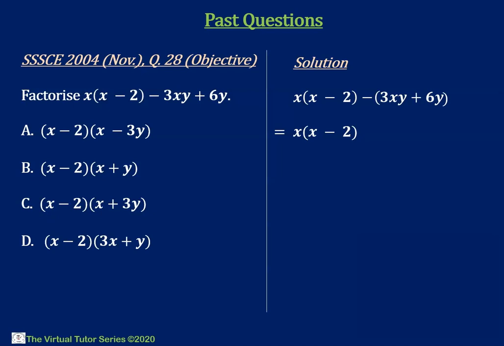So the last two terms factorize as minus 3y into bracket x minus 2 bracket closed. Therefore, we have x minus 2 as against x minus 3y. Hence, the correct answer is option A.